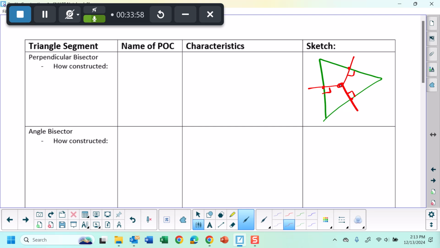The name of that center is called the circumcenter. The cool thing about my circumcenter is it is equidistant to your vertices.